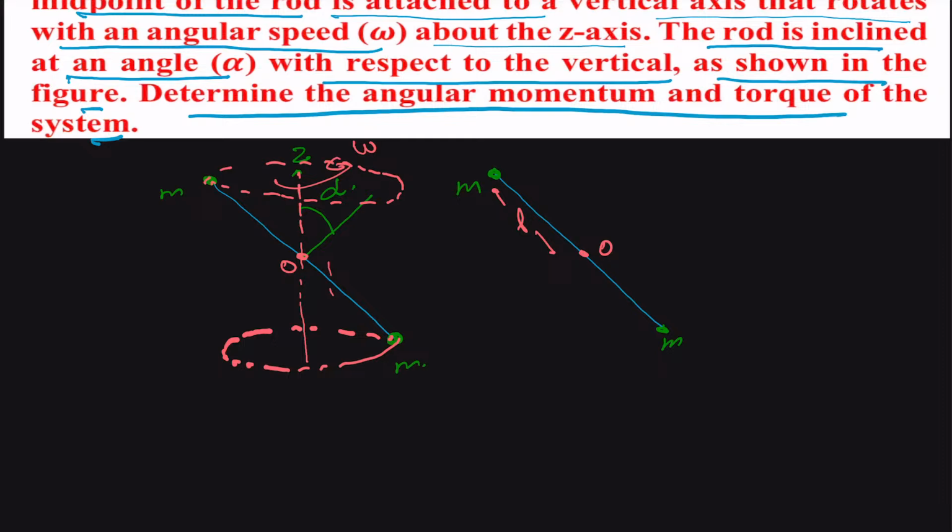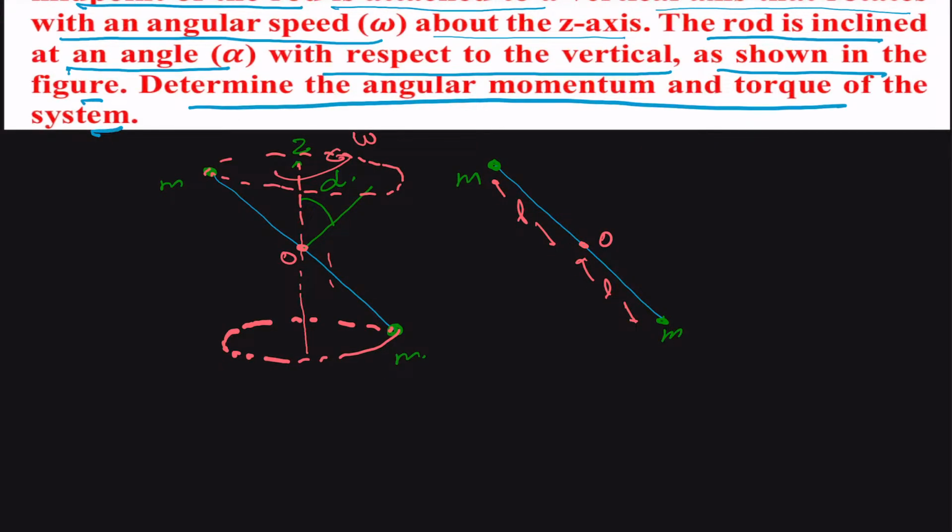So the distance of O is L from both the masses. And the radius of the circular motion they form, let us suppose we call this R, and symmetrically on the other side this is also R.